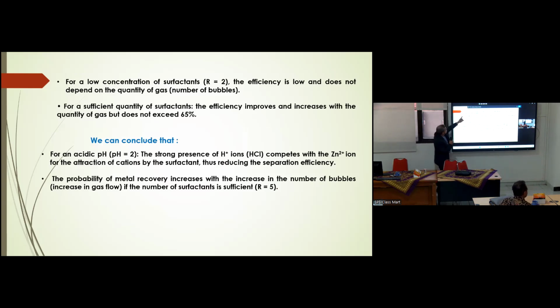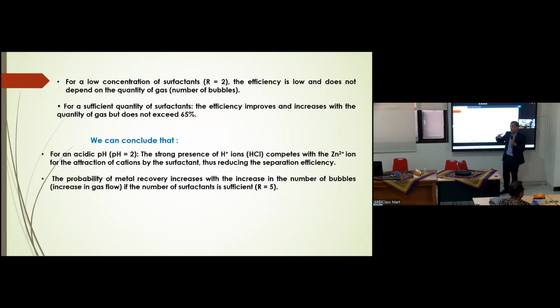So to conclude, for a low concentration of surfactant, the efficiency is low and doesn't depend on the quantity of gas. Even if I put a lot of gas, it's still constant. For a sufficient quantity of surfactant, ratio 5, the efficiency improves and increases with the quantity of gas, but doesn't exceed 65%. So we can conclude that for an acidic pH, there is selectivity.